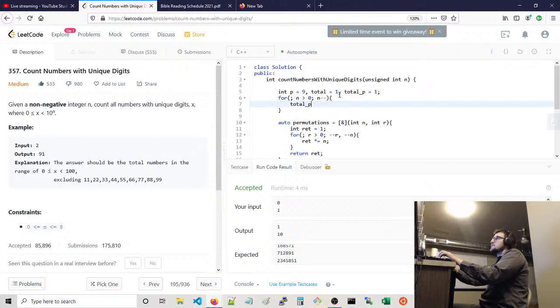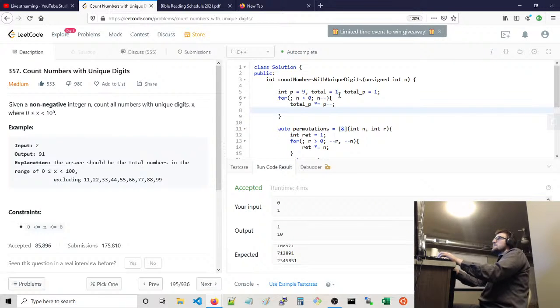Total P is going to keep track of the size of the permutations. It's going to multiply itself by P, and then we're also going to decrement P afterwards. The total is going to be the previous total plus equals f of n minus 1, 9 times total P, the new permutation, right?